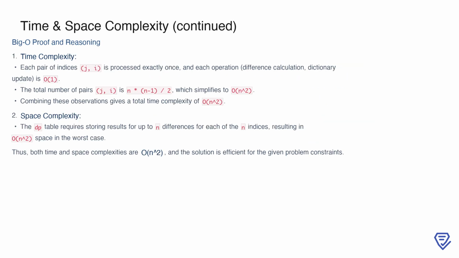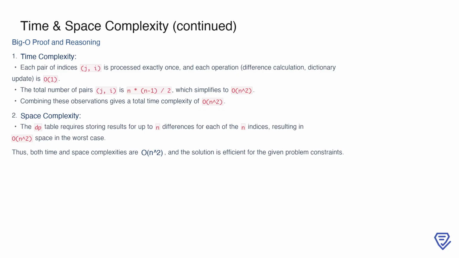To solidify our understanding, let's formally prove the big O bounds for the solution. For time complexity, we know that each pair of indices (j, i) is processed exactly once. The operations performed for each pair, such as calculating the difference and updating the DP table, are O(1). Since the total number of pairs (j, i) is n*(n-1)/2, this simplifies to O(n squared) overall.